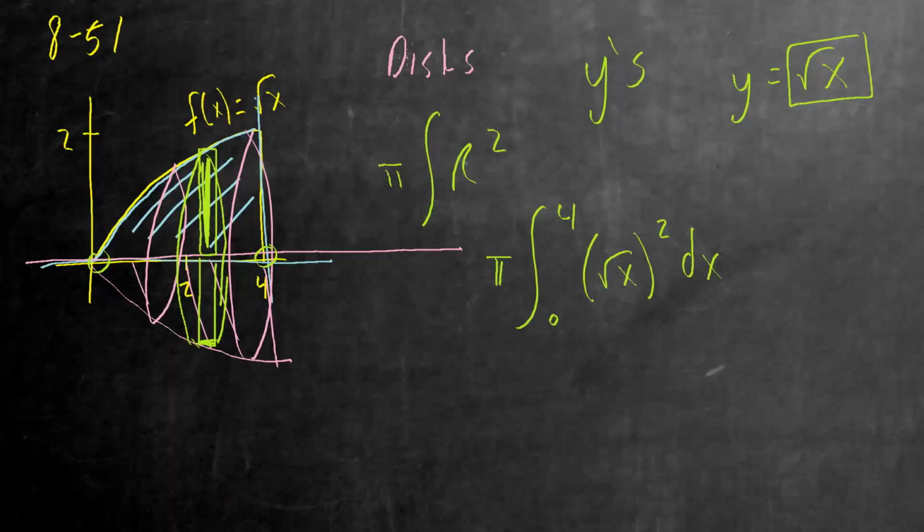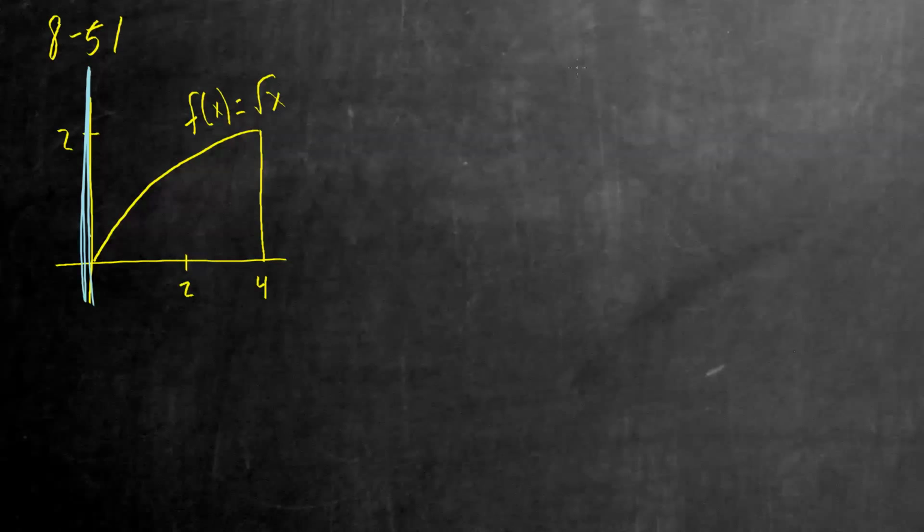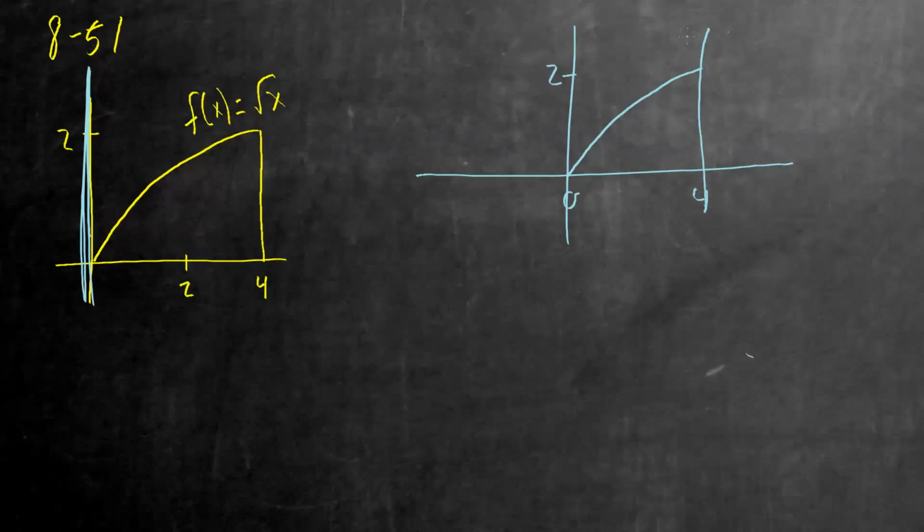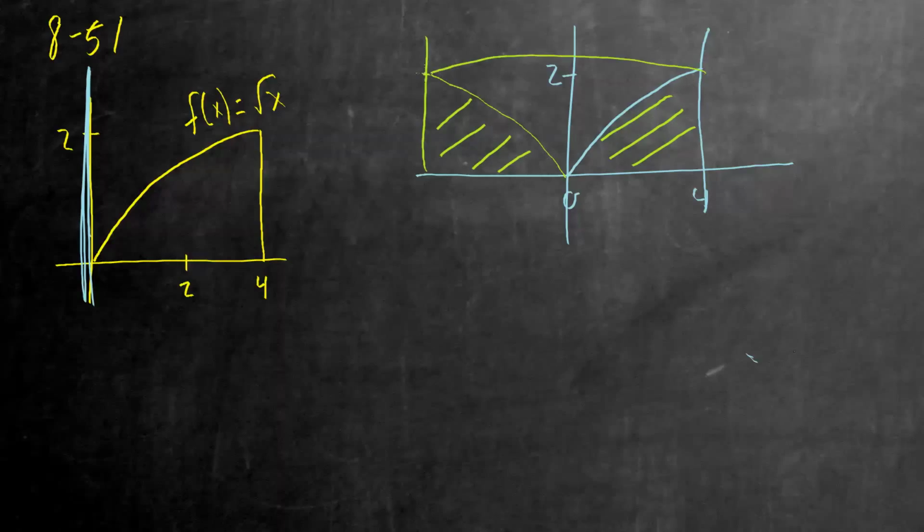Around the y-axis, let's resketch, because now we want to go this way. Still our 0 to 4 on the x and our 0 to 2 on our y. But now we revolve around the y-axis. This area, so there's the top.